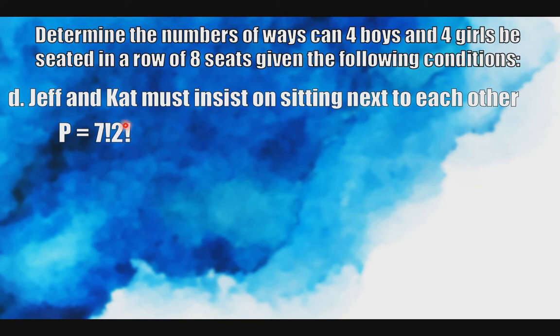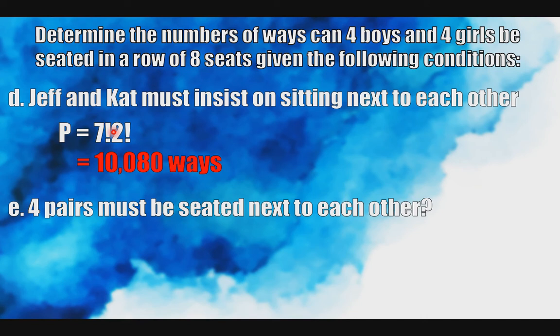So, ang ganito maging itsura ng ating permutation. 7 factorial kasi from 8 naging 7 na lang dahil nga si Jeff and Kat counted as 1. Then, times 2 factorial. Kasi nga po, pwede nating i-arrange in different ways si Jeff and Kat. So, 7 factorial times 2 factorial will be equal to 10,080 ways.